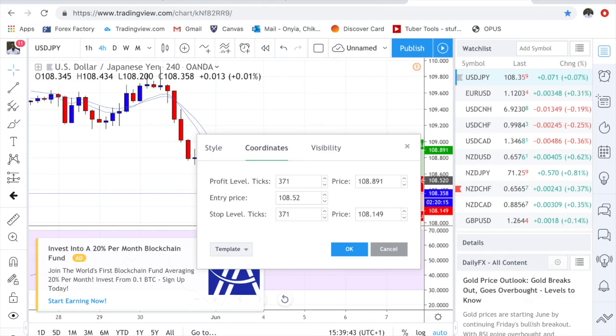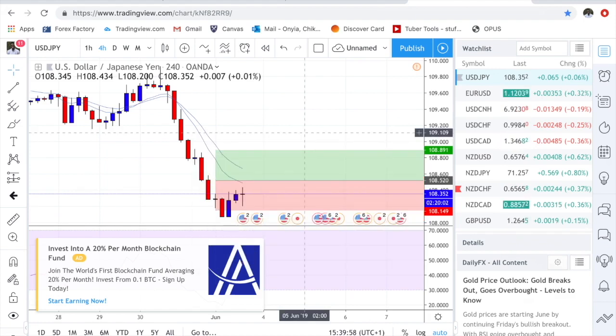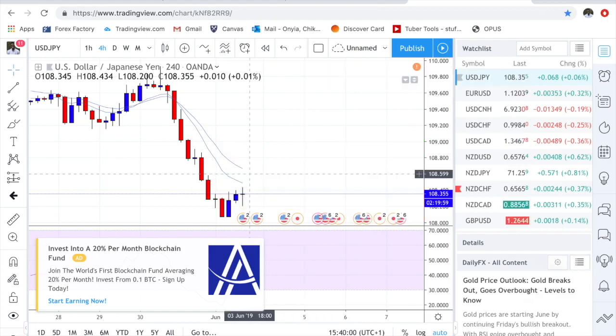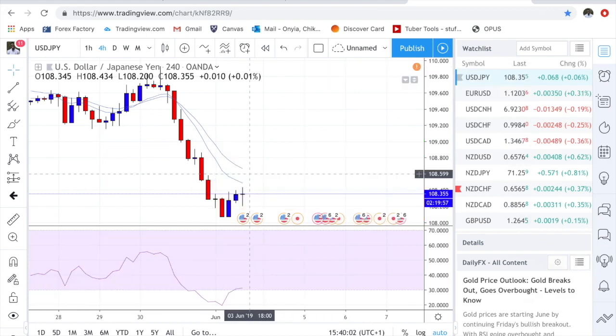It's 108.149. That's what we set our stop loss at. That's the point at which you want your trade to stop losing money. You want to get out of the trade, close that position. So that's what stop losses and take profits are. You can do the vice versa for a sell stop. Sorry, we were just on a buy stop. And if you have any questions, please let me know.